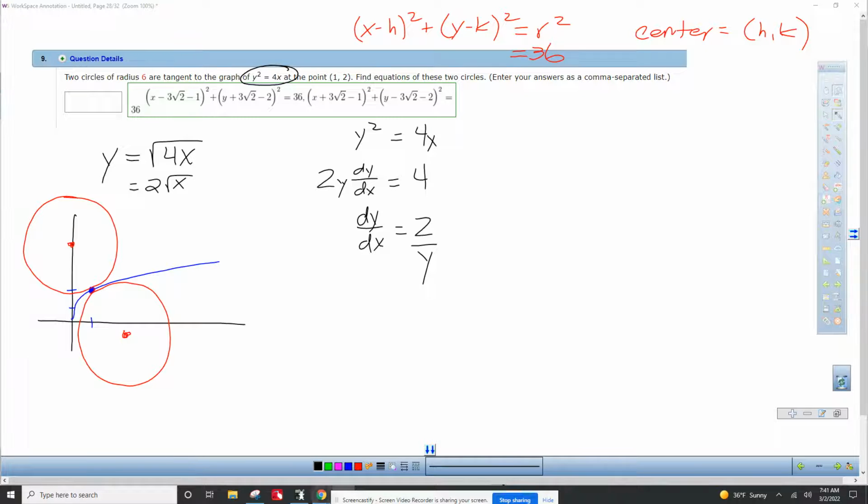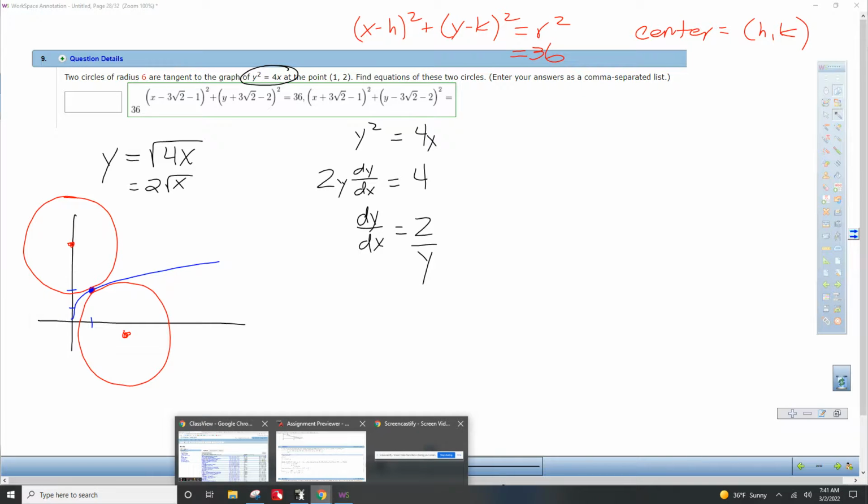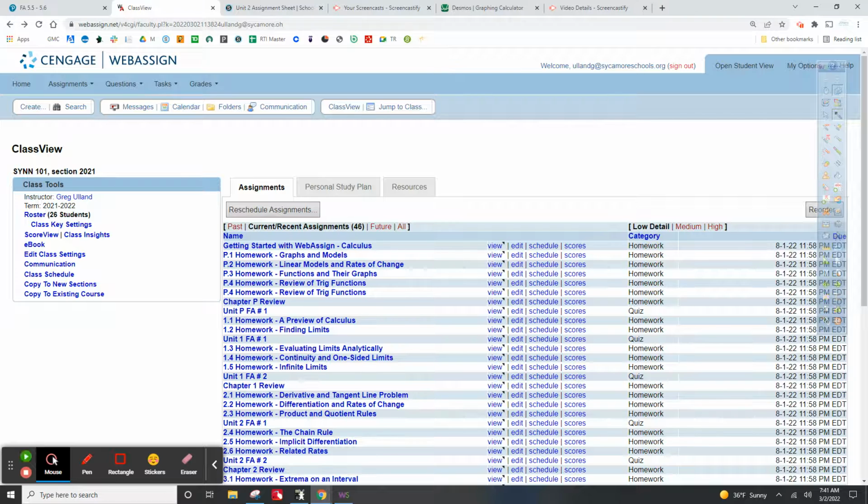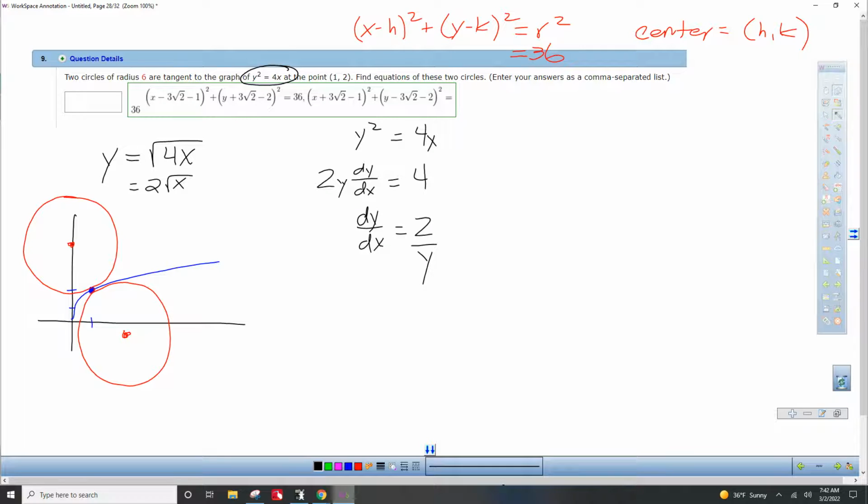Okay, let me pause real quick, just check to see how I'm doing. All right, so far so good. So now what do we want? Well, we want basically the slope of that line at (1, 2). So what are we going to do to find the slope? Well, we take 2, which is our y, and we put it in.